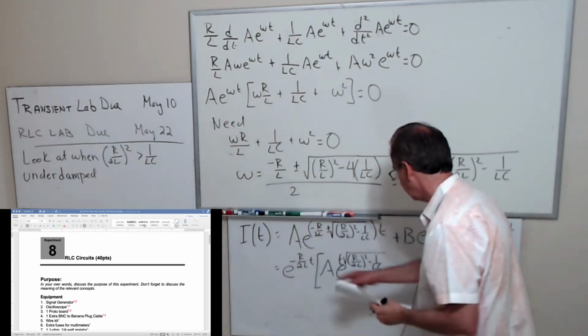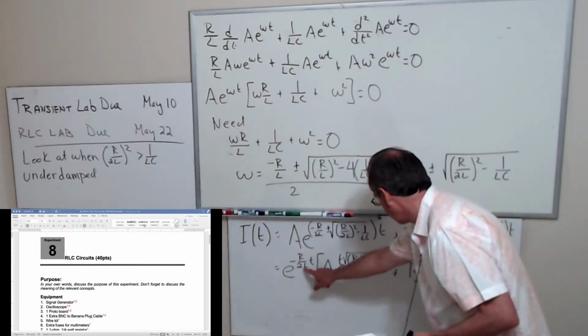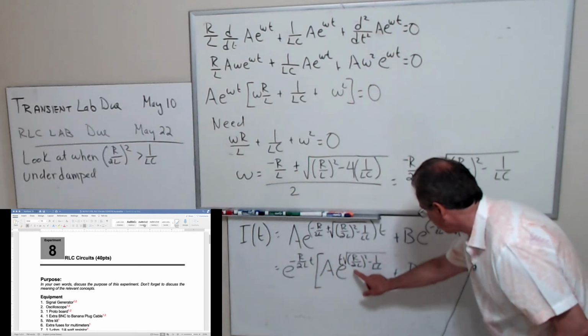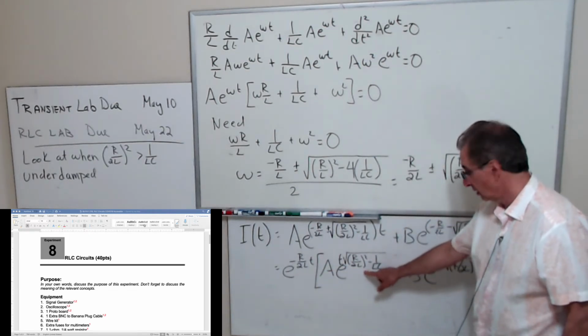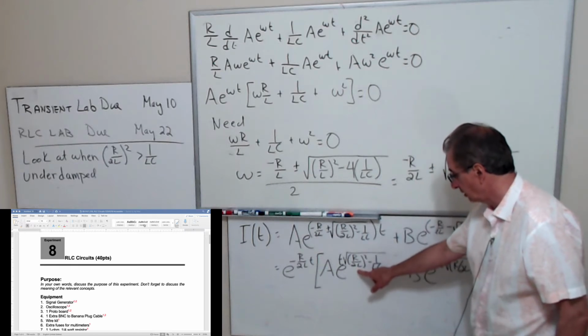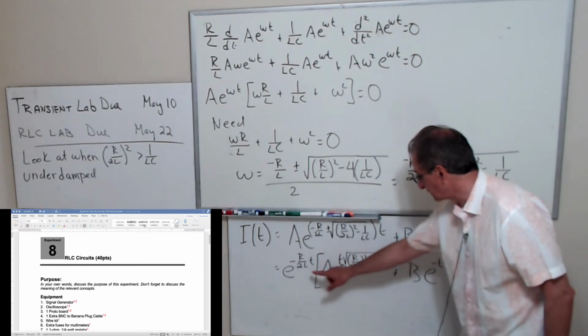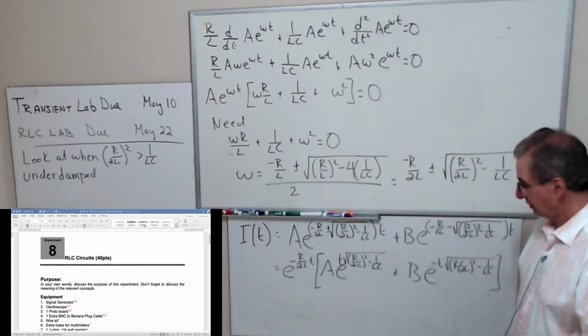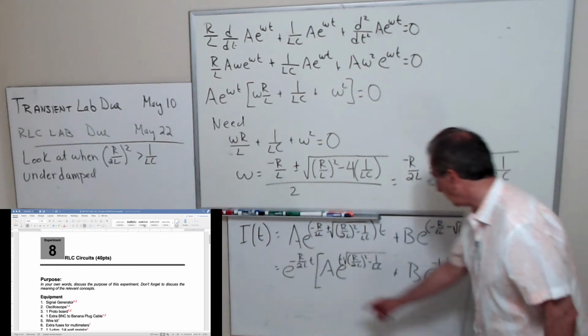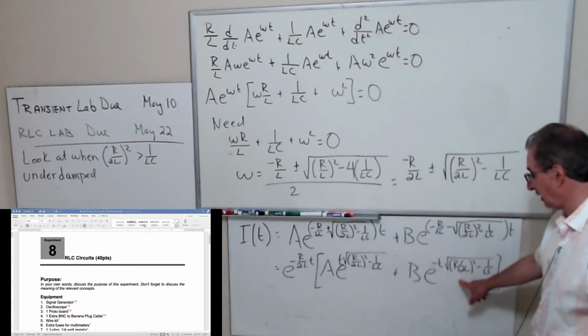Well, the concern here is that this exponent is positive, right? But this exponent is less positive than that is negative, correct? And this times this gives you a negative exponent.